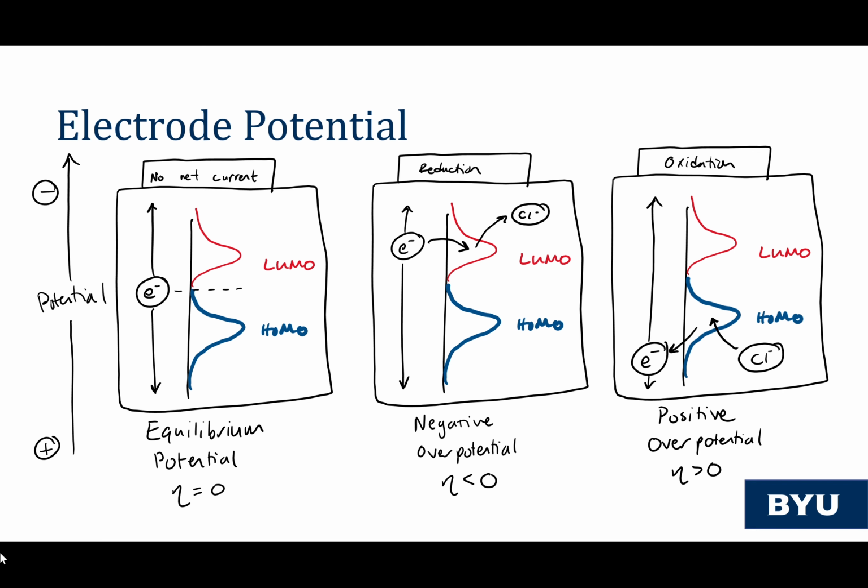The way that electrodes work is that we can increase or decrease the energy of our electrons with ease. And that's part of what makes electrochemistry so powerful: it gives us great control over the redox process. We could, for instance, increase the energy of our electrons to be more negative.